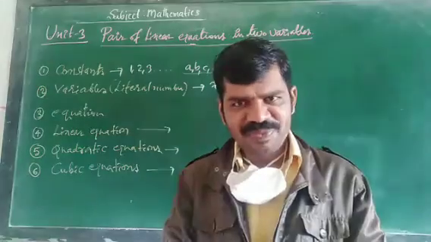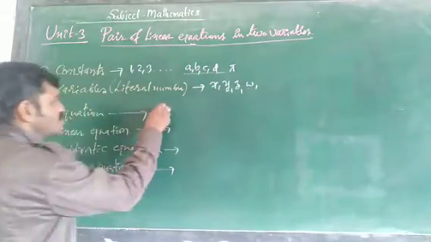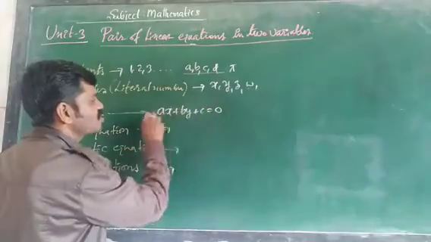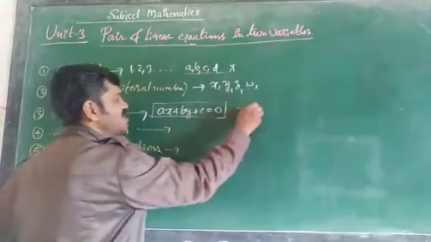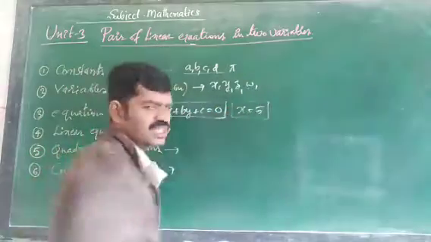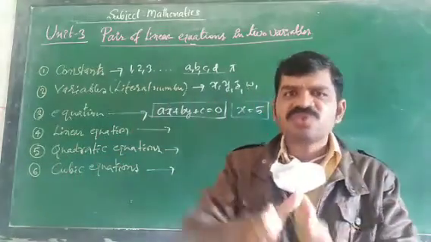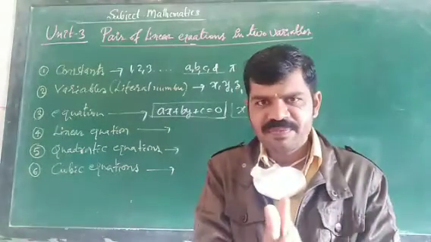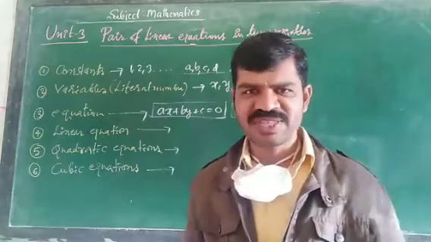What is an equation? Equation means equality of two expressions. For example, ax plus by plus c is equal to 0. This whole item is equal to 0. This is an equation. So x is equal to 5. This is an equation. So left hand side is equal to right hand side. Both are equal. So this equality of two expressions is called an equation in algebra.